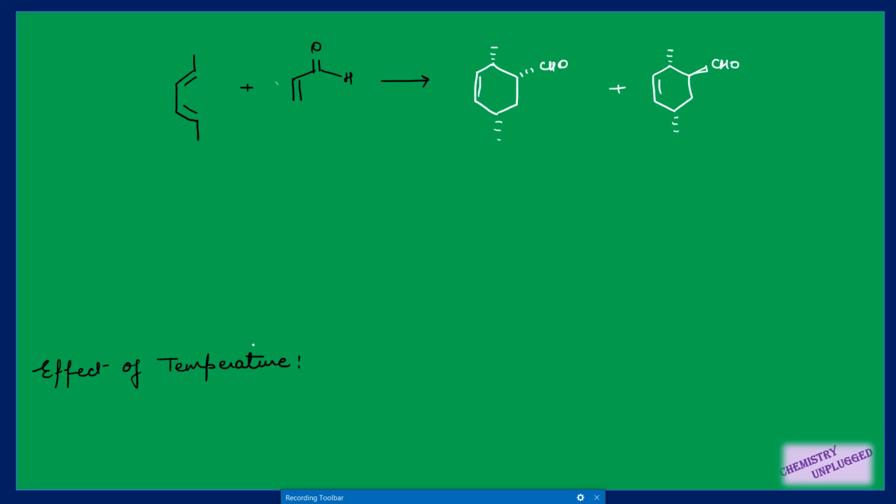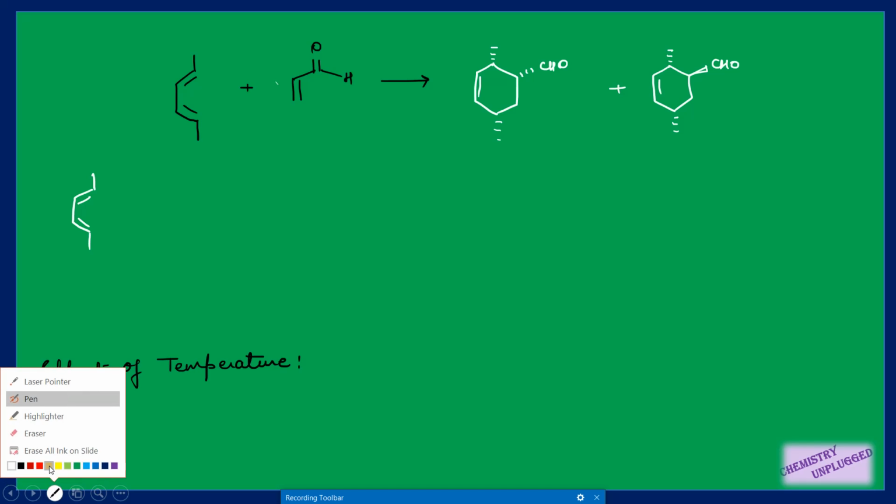So how will we decide which will be our major product? First we will write down this diene as such, right? Then this dienophile will go below this diene. This is the frontier molecular orbital concept, that we should place the diene on the upper side and the dienophile attacks from the below side. So we will write it in the same way.